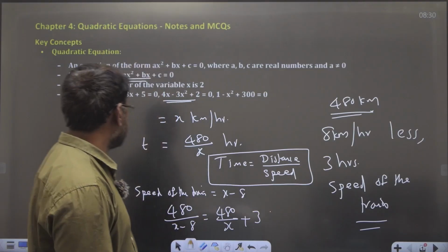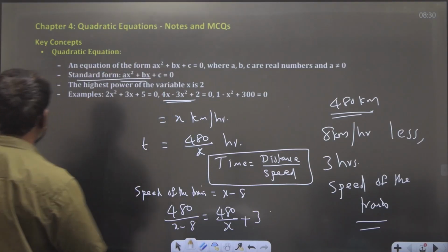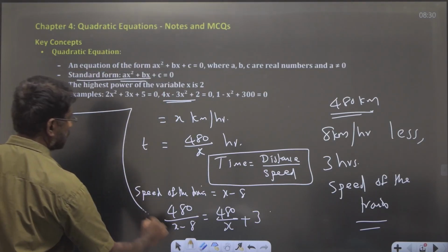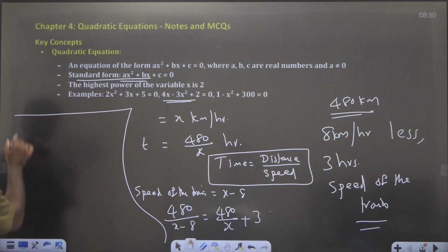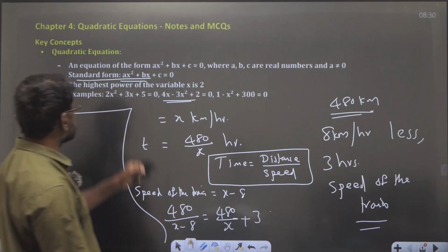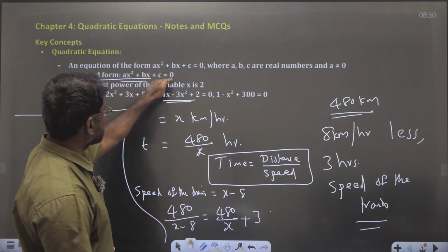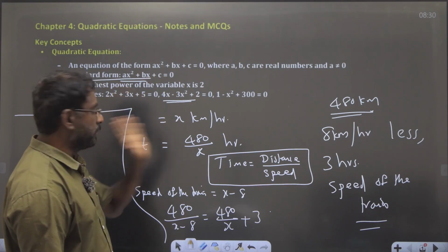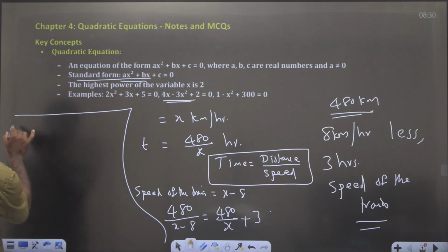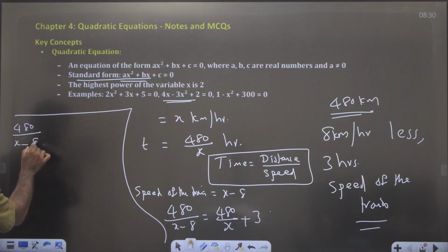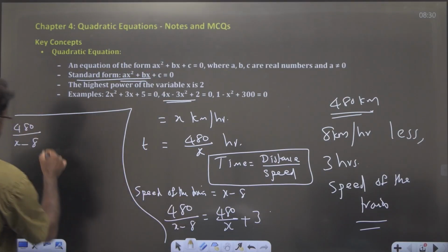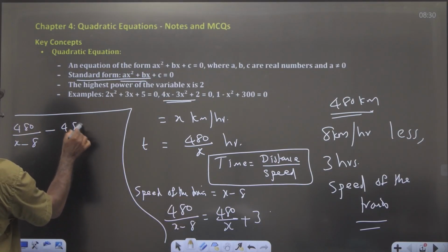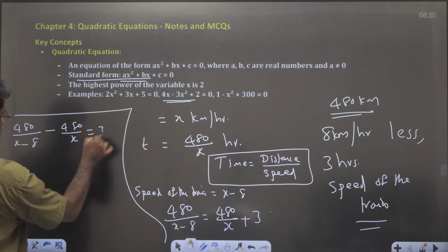Then we can simplify this equation and convert it into its standard form ax square plus bx plus c. Then we will get the corresponding equation. For that, take 480 by x to the left hand side, that is 480 by x minus 8 minus 480 by x equal to 3.